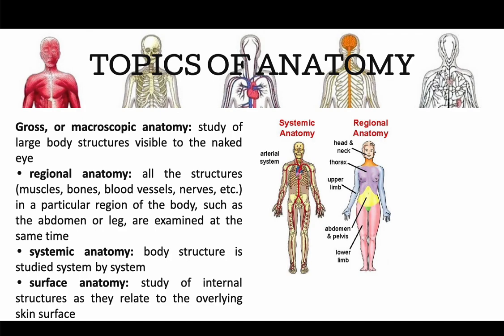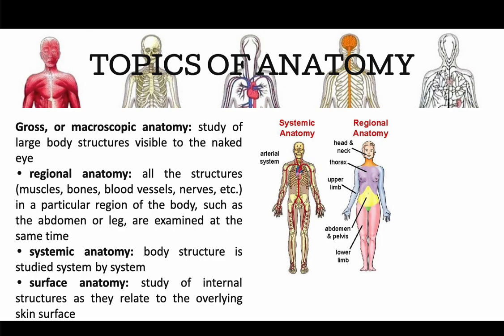So that's what we call regional anatomy. So when you say the legs, sinastudy na natin yung arteries, yung veins, yung muscle, yung skeleton, yung bones na andun in that region, sabay at the same time.